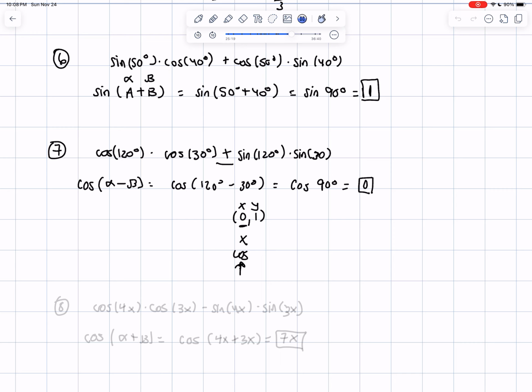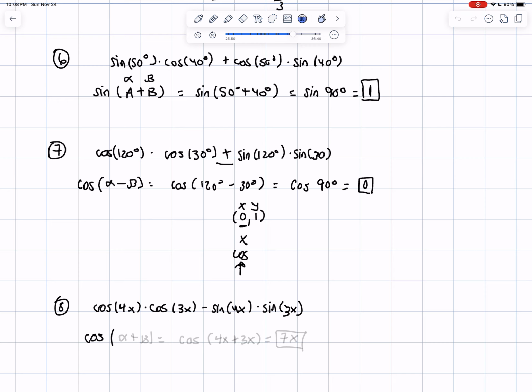Let's try one that's a little bit different. Let's try cosine of 4x times cosine of 3x minus sine of 4x times sine of 3x. All right. I have cosine, cosine, sine, sine. I know this is going to be cosine because the cosines and the sines are together.